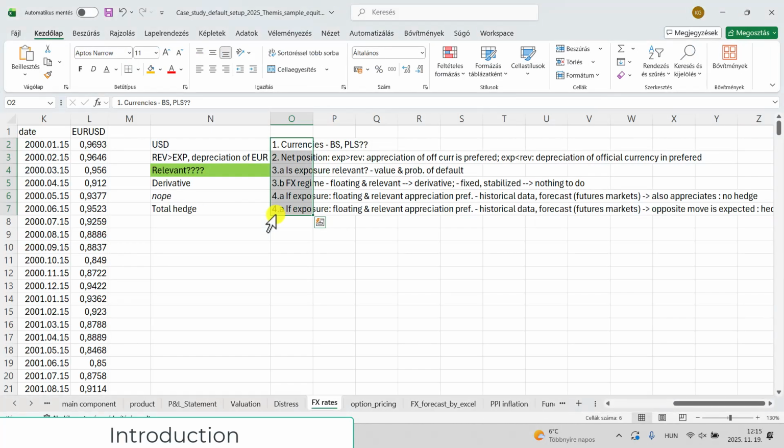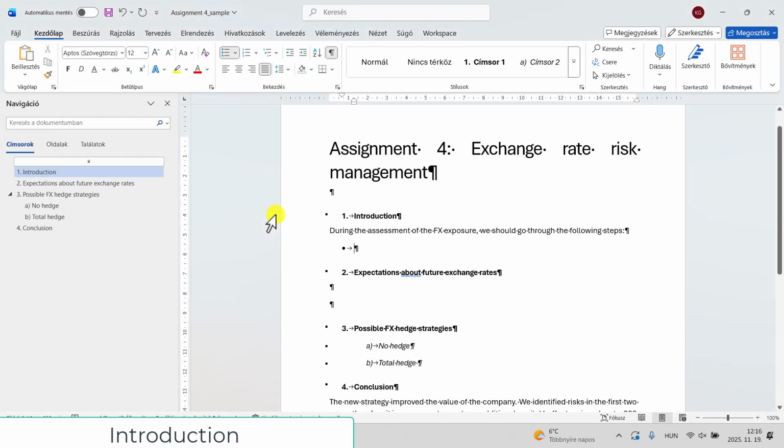First bullet point is: which currencies are involved in the operations, and of course which foreign currencies.